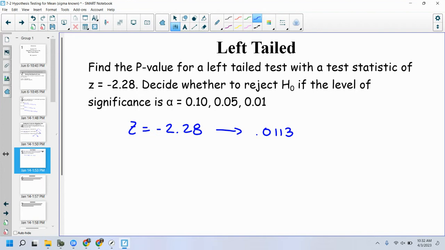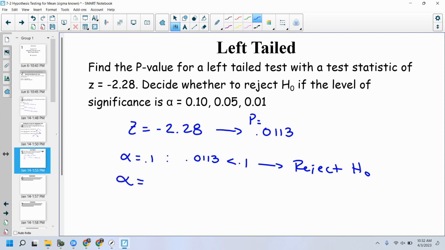So if alpha is 0.1, my p-value for the left tail is 0.0113. Is that less than 0.1? Is that a true statement? Yes, 0.0113 is less than 0.1. So therefore, I can reject the null.